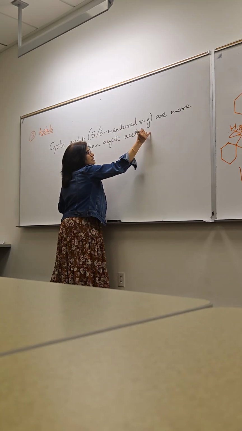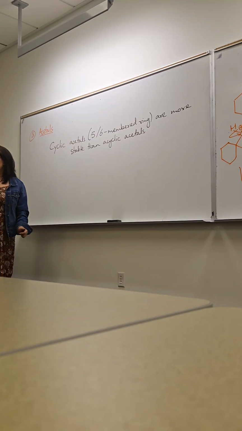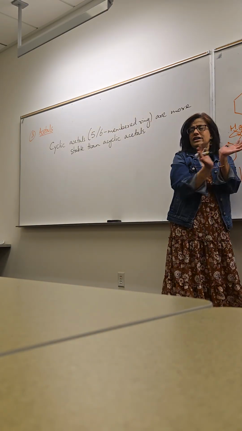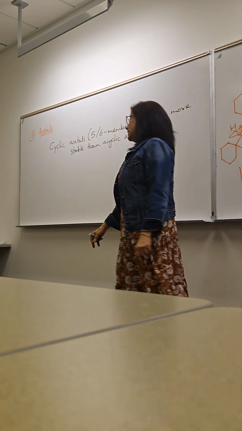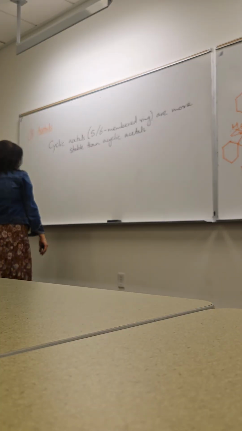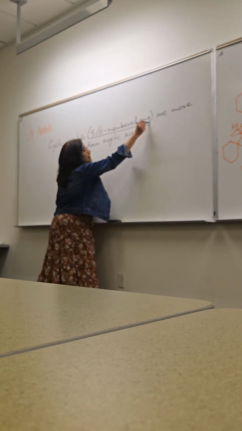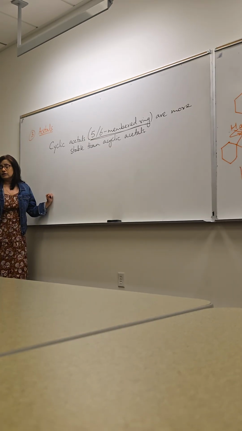So far the couple of examples we've seen have been acyclic acetals, right? This part is not a ring structure. But cyclic acetals are actually better, especially those that are a 5 or a 6-membered ring.